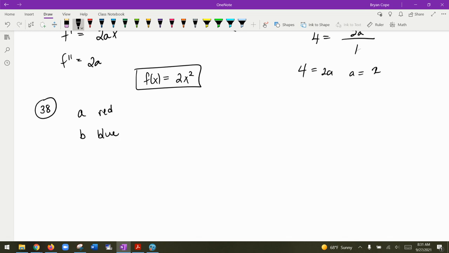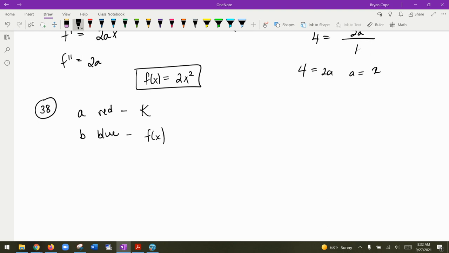All right, so we want to see, is there a place where curvature goes to 0? It looks like A is the curvature function and B is the real function. So A is curvature and B is the actual function. That's because when B flattens out, A goes to 0.